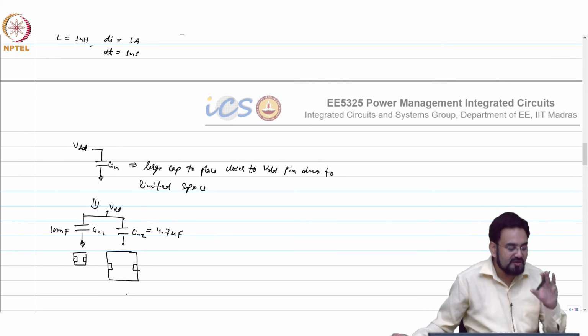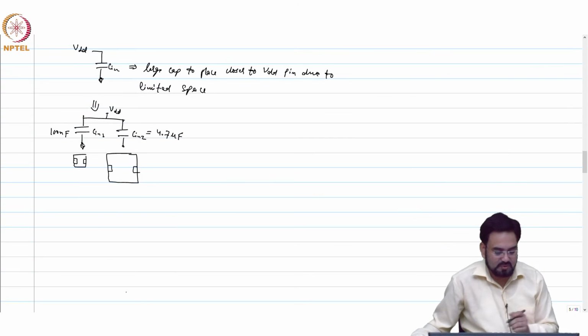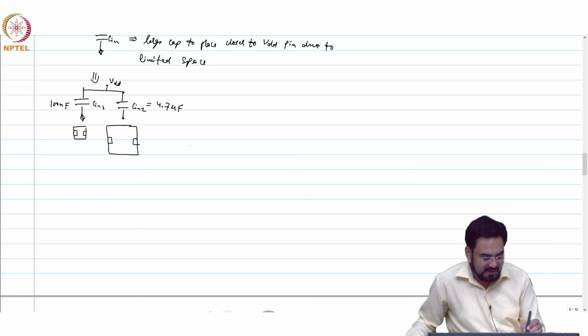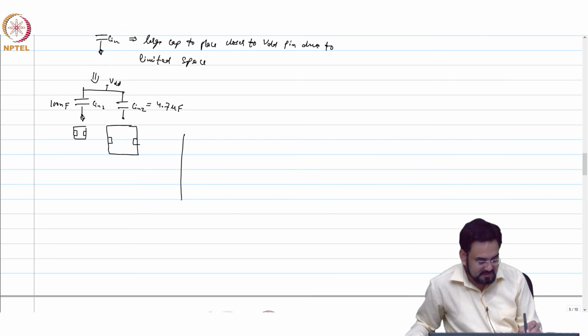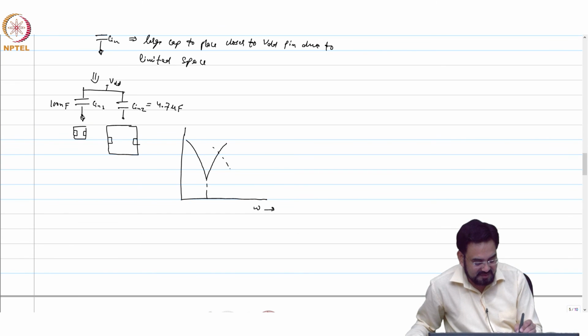So what would happen, now you will have two resonances. Okay, so two resonances means your curve will look like this, again with omega. Obviously the lower frequency resonance will be coming from the bigger cap, and then let us say my higher frequency resonance is looking like this.